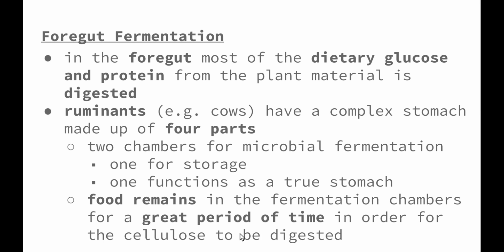Ruminants, such as cows, have a very complex stomach that is made up of 4 parts. Two chambers are used for microbial fermentation, one for storage, and one acts as a true stomach where the food mixes with the digestive juices, enzymes, acids, etc. Food remains in the fermentation chambers for a great period of time in order for the cellulose to be digested.